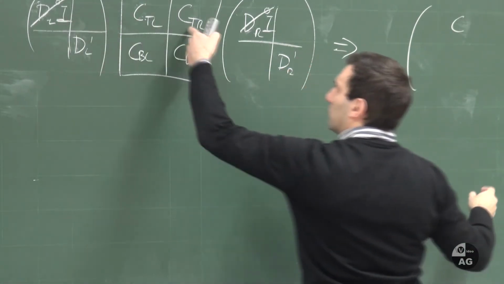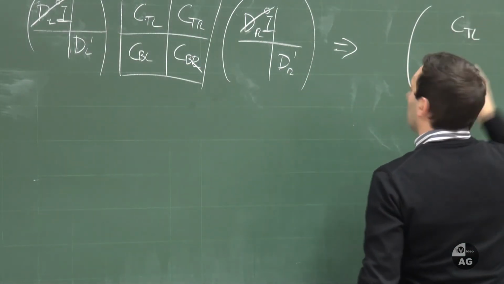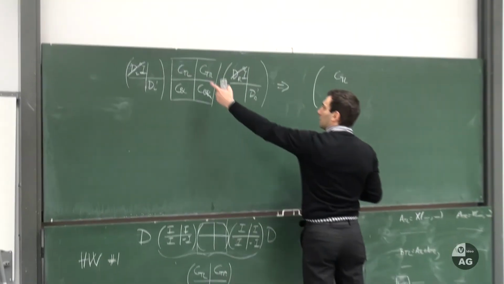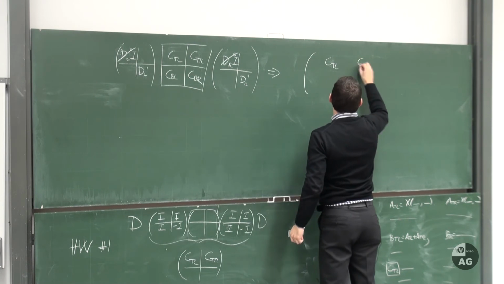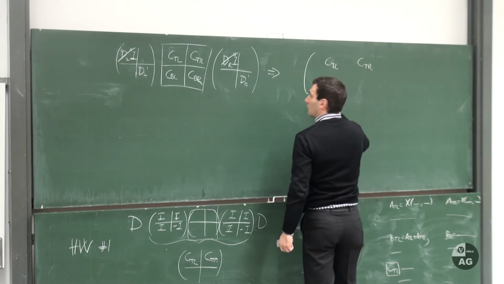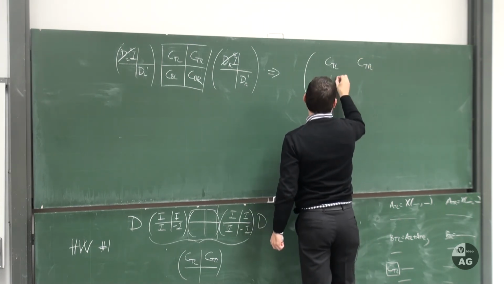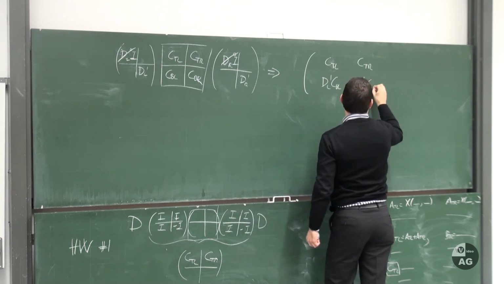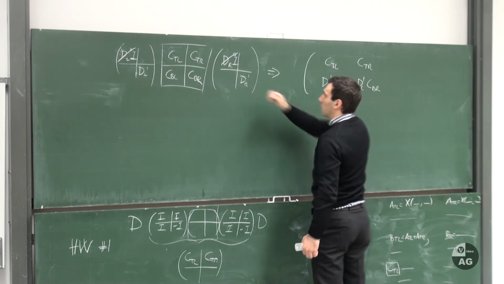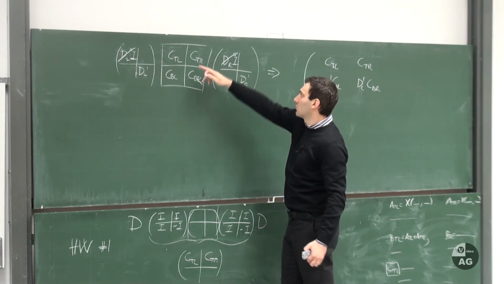This object multiplies the rows, so it doesn't do anything. And this object multiplies these two. This object works on the columns.